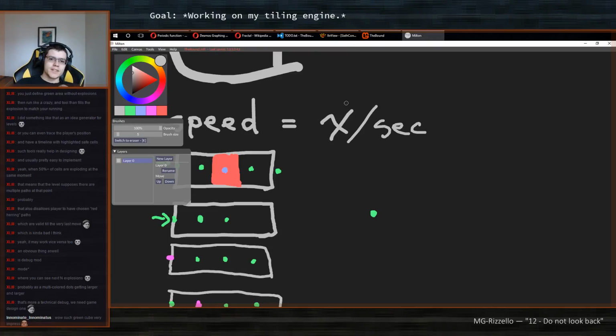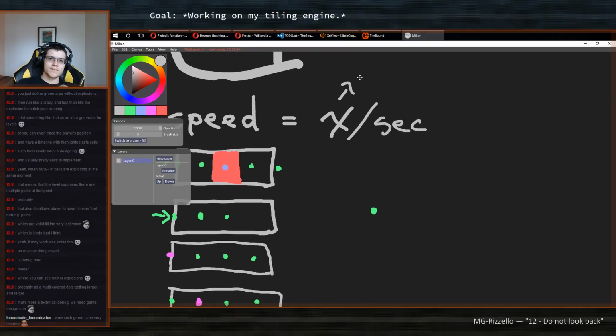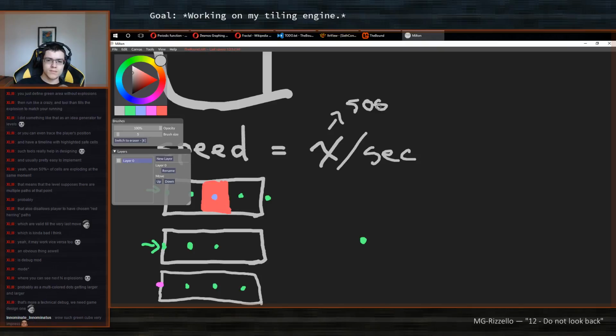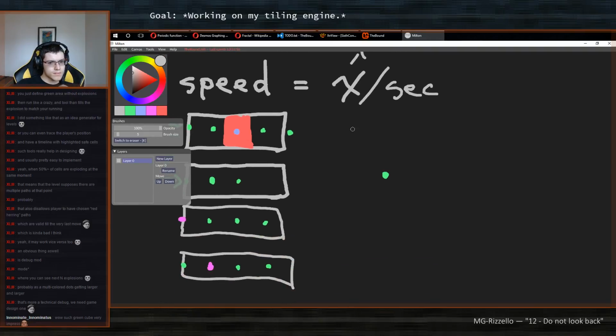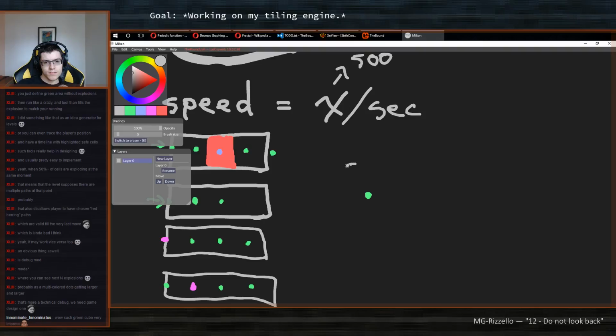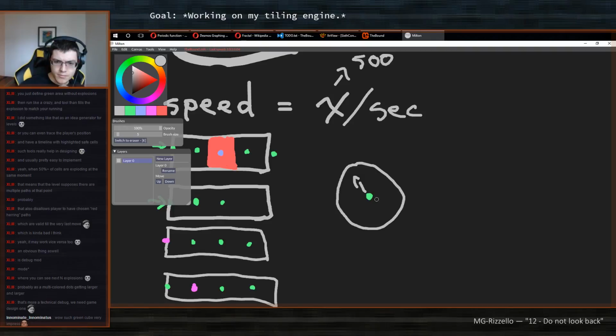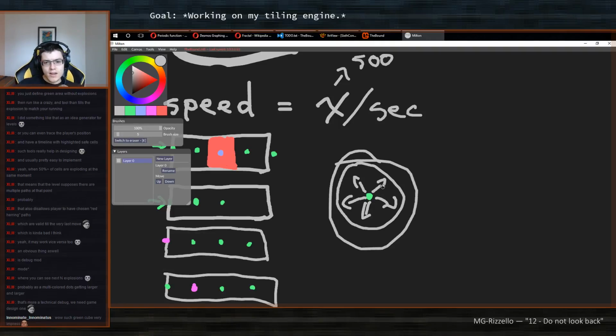It means that if this x is 500, I'm moving 500 units per second. So in any angle, I can move 500 units. Unless I run into some sort of obstacle, I can go in any angle in a circle arc.